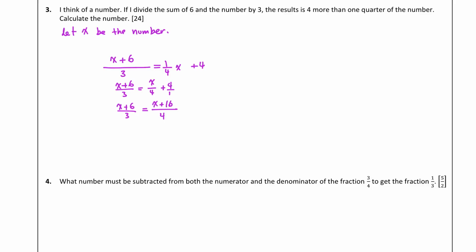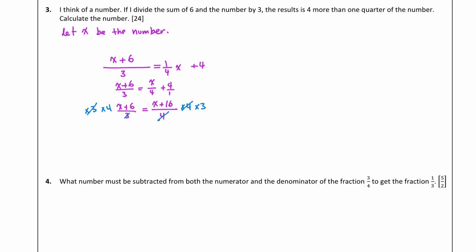Once I have it in this form, it's a little bit easier to deal with. So I can multiply both sides by 4 to get rid of this 4 over here. These 4's cancel out. And I can multiply both sides by 3 to get rid of this 3.